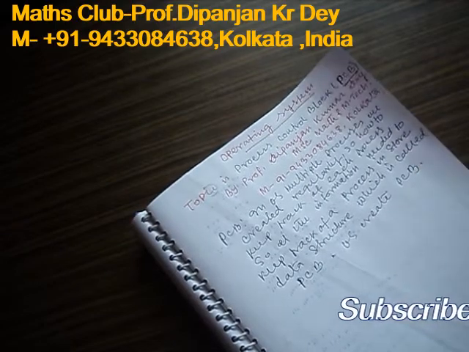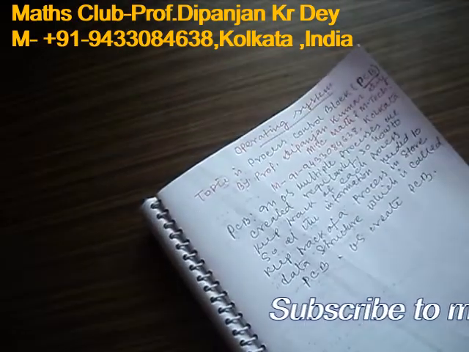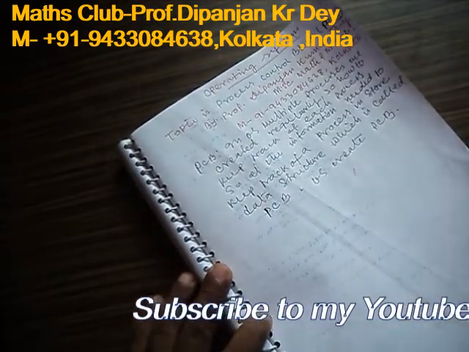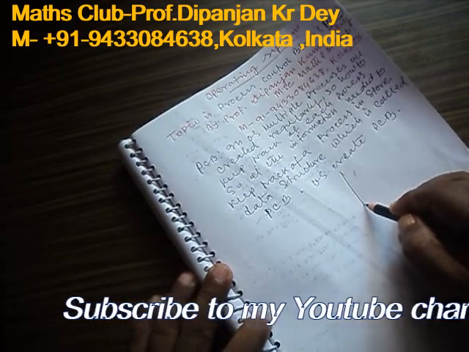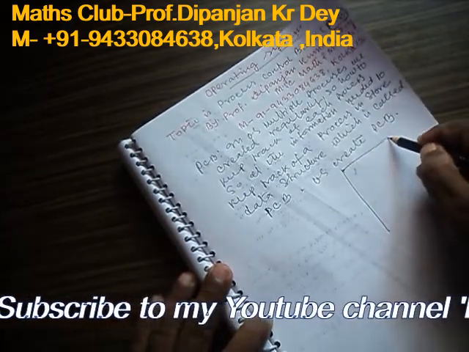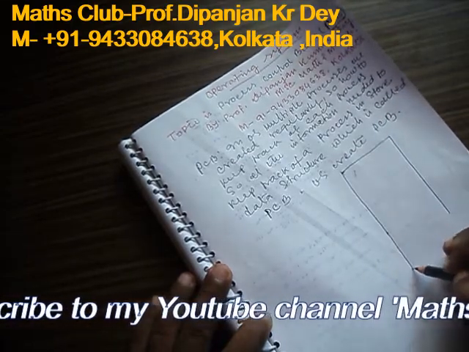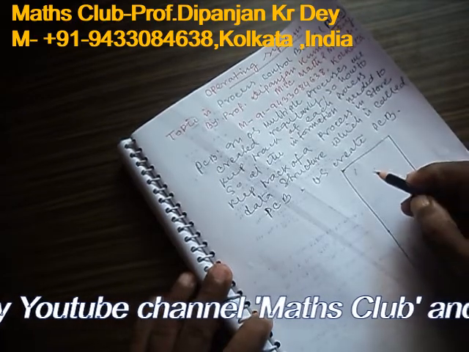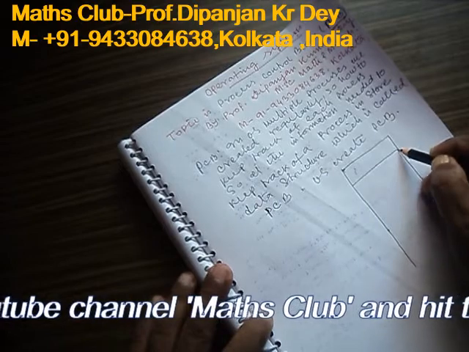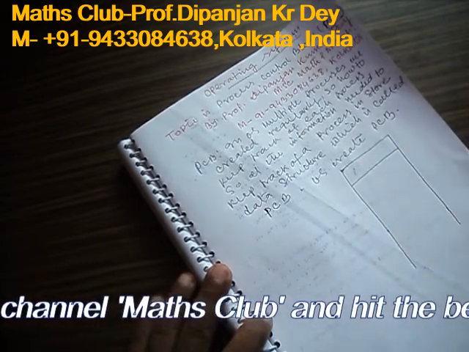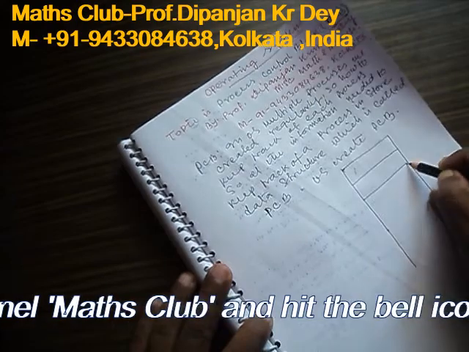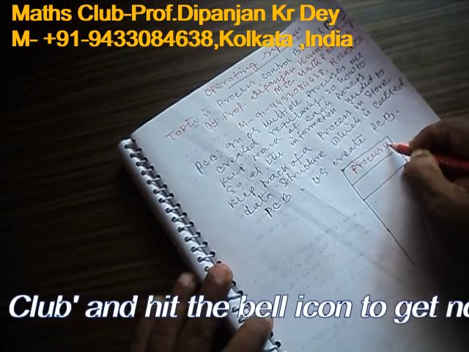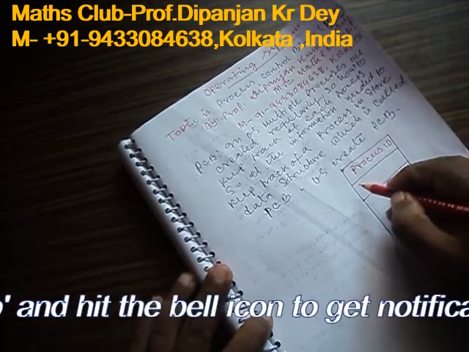Now let us design a PCB diagram. I am just drawing it here. In the PCB diagram there are many things. Number 1, process ID. Number 2, program counter.